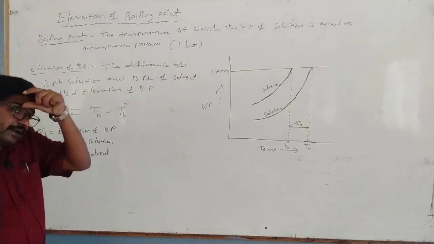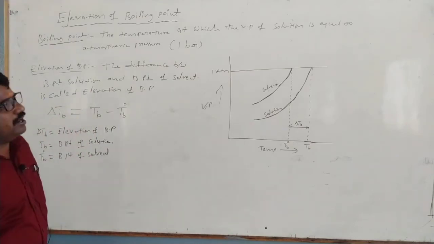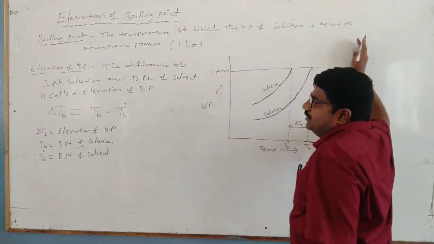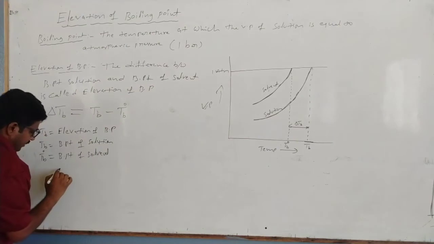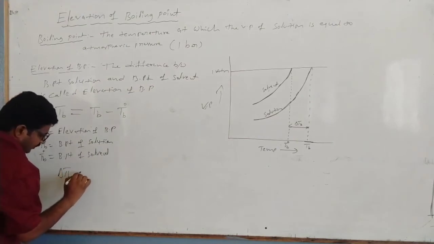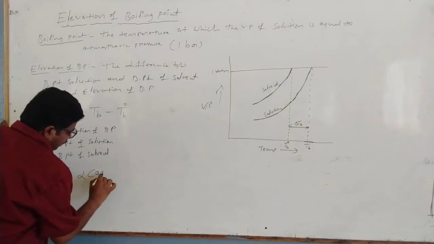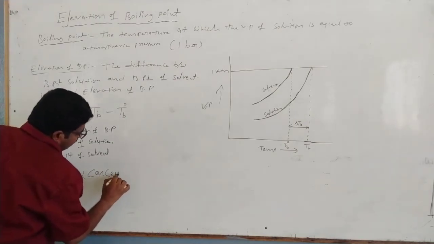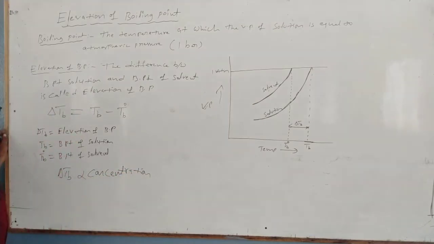Then how do we calculate the molar mass of the solute from the elevation of boiling point? As you know, the elevation of boiling point, delta Tb, is directly proportional to the concentration of the solution.